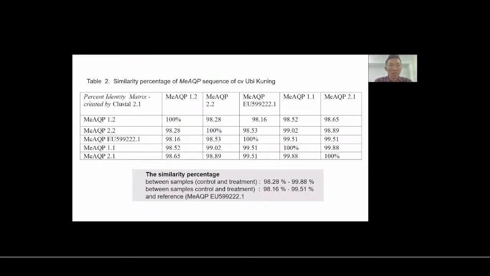There were two similarity percentages of the NEAQB sequence. The similarity percentage between samples, control and treatment, was 98.28% and 99.83%. And between samples, control and treatment, and the reference NEAQB AU was 98.16% and 99.51%.